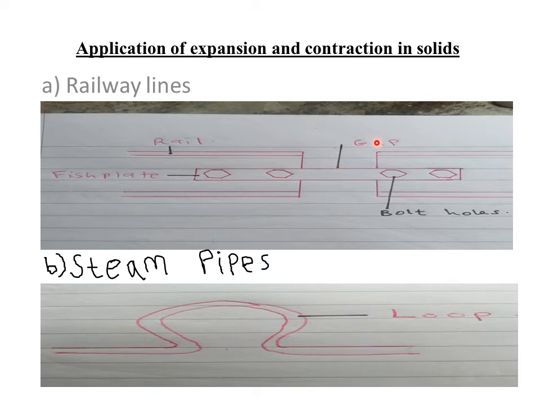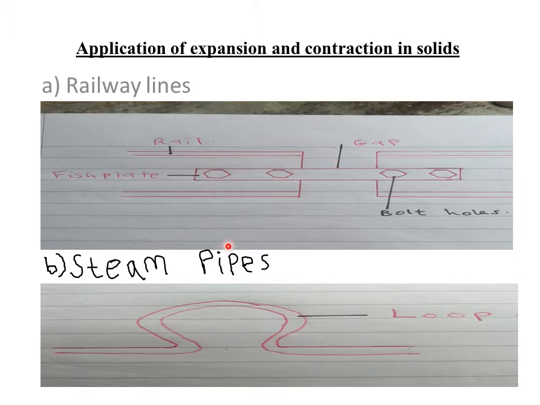So the purpose of this gap is to allow room for expansion, hence preventing bulky bending. If you are asked to give the purpose of the gaps or why bolts are made in oval shapes in a railway line, the purpose is to allow room for expansion.